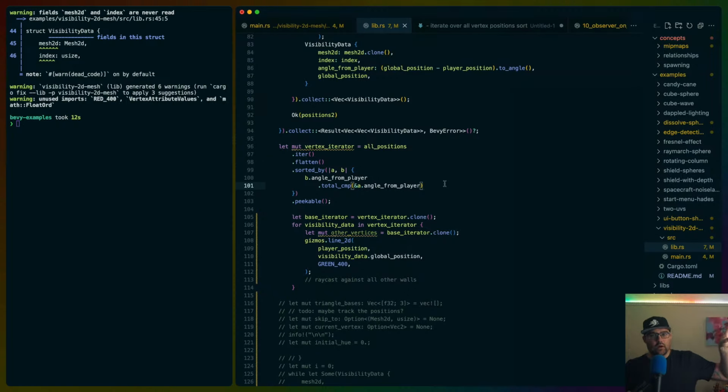We're going to iterate over all those vertices with those individual raycasts. The next step is we have to, for each vertex, decide whether we have to raycast past it or not somehow.